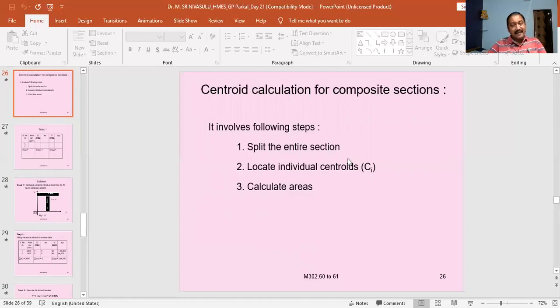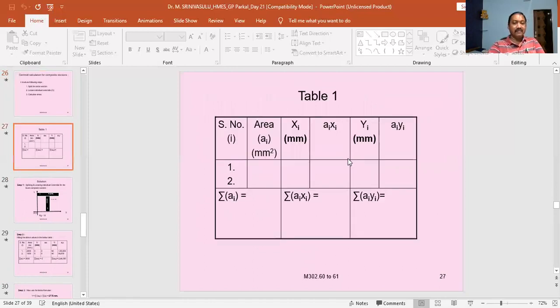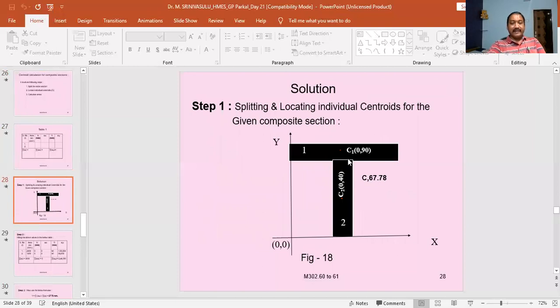Then calculate the areas. Then we find the centroids using the table. This table is very important; you have to remember it and reproduce it whenever required. With this table, we can find x bar is equal to sigma ai into xi by sigma ai, and y bar is equal to sigma ai into yi by sigma ai. With this, we can find the centroid of any composite section.